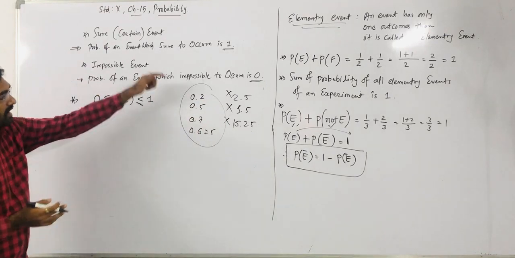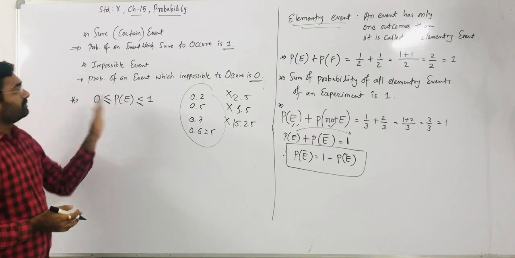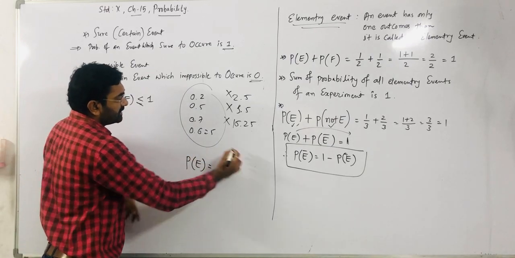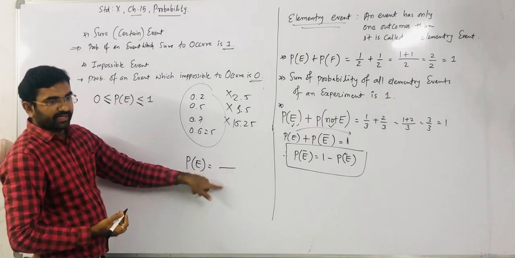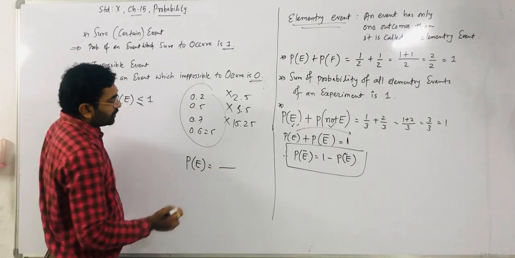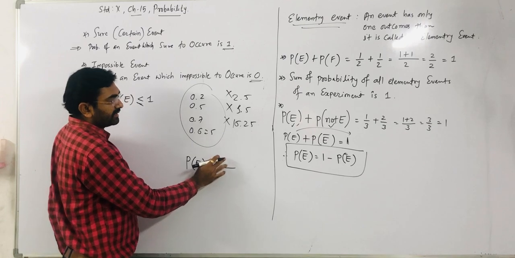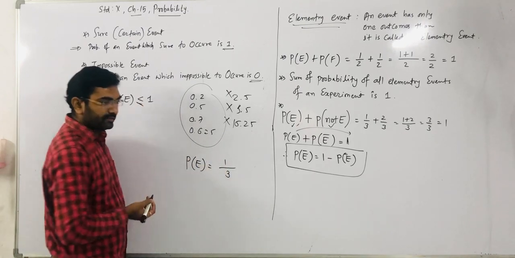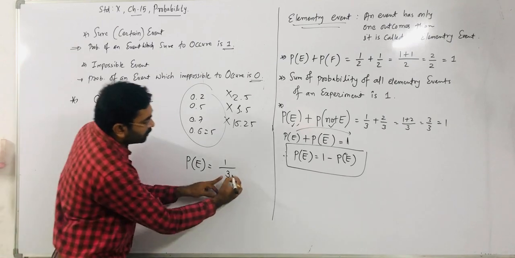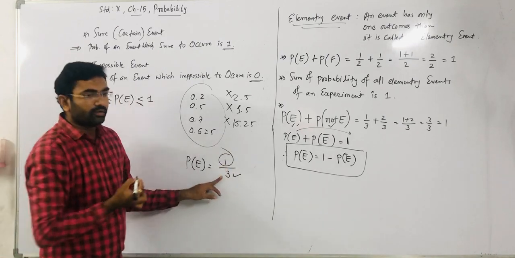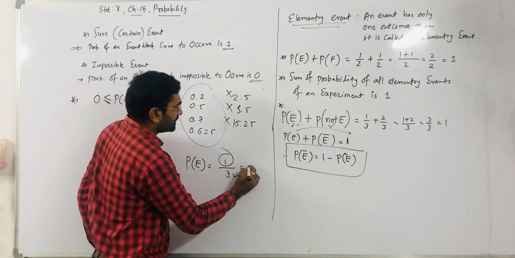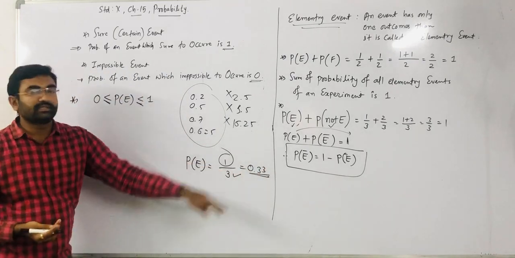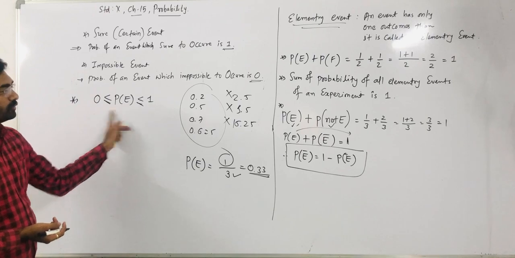Okay, and when you get your answer between 0 to 1, see here, we represent any event's probability in the form of numerator and denominator, right? So your denominator is always greater than your numerator. Suppose I say 1 by 3, right? Your denominator is always greater compared to your numerator. Then you get your answer between 0 to 1. 0.33 lies between 0 to 1.